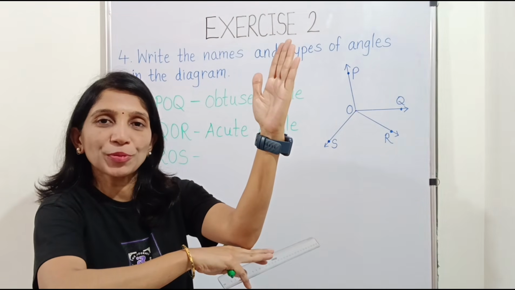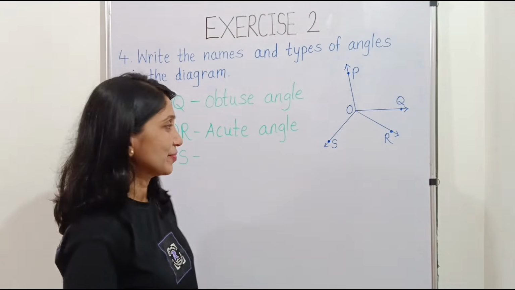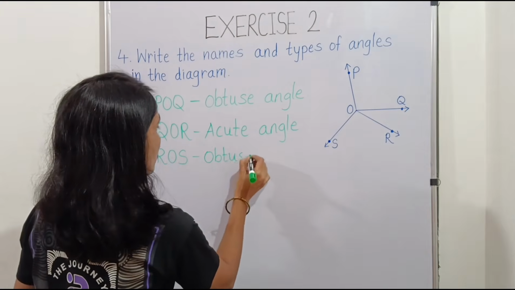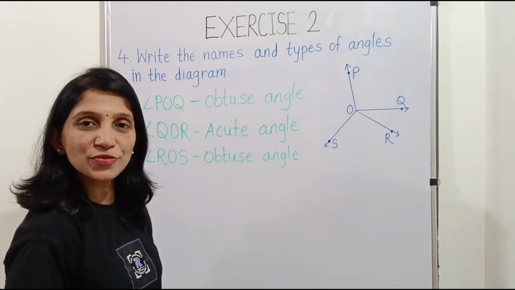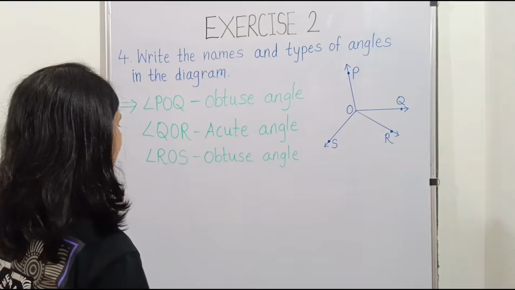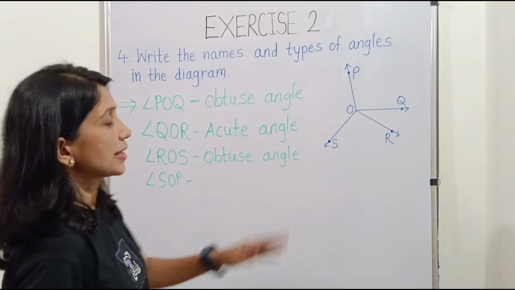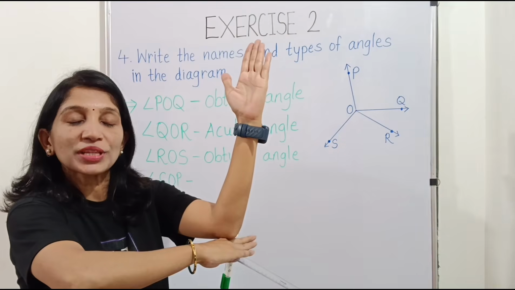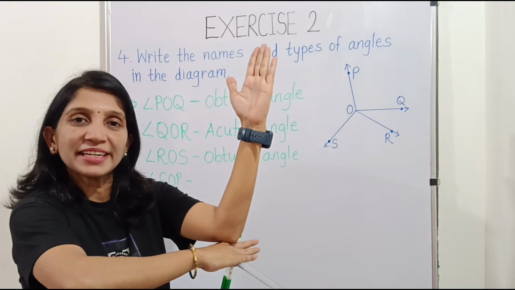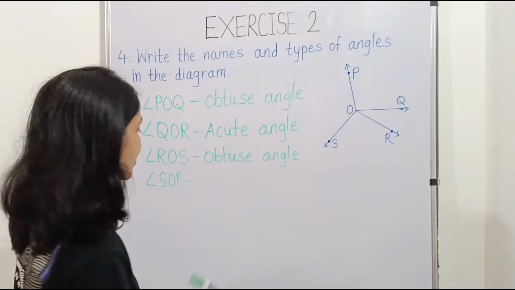So it is obtuse angle. More than 90 but less than 180. Next one, angle SOP. That is also like this. More than 90 but less than 180. That means it is obtuse angle.